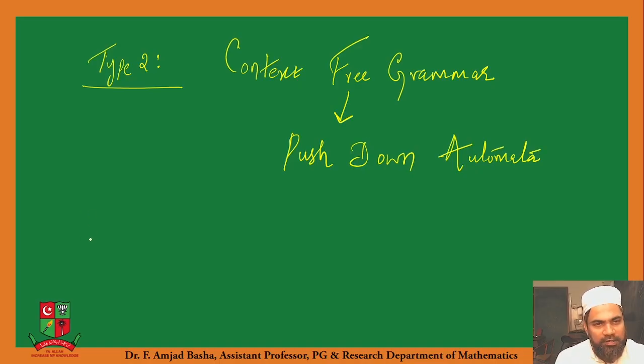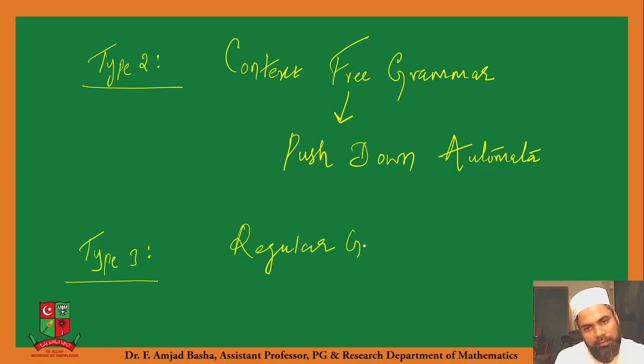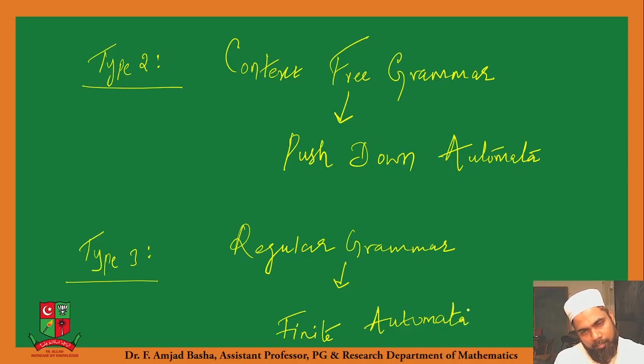And the last one is type 3 grammar. This is regular grammar, and it is accepted by finite automata. These are the 4 types of grammars: type 0, type 1, type 2 and type 3.